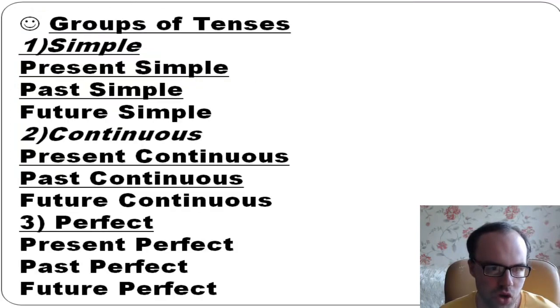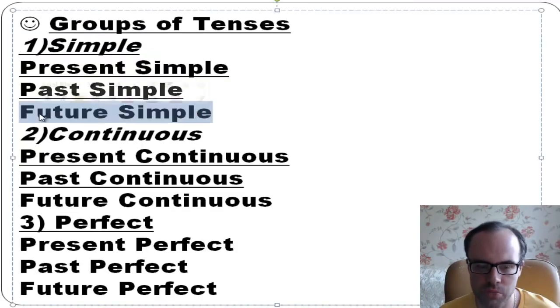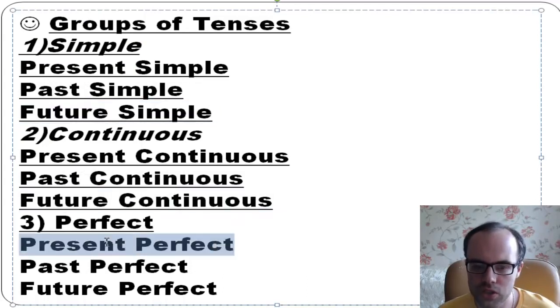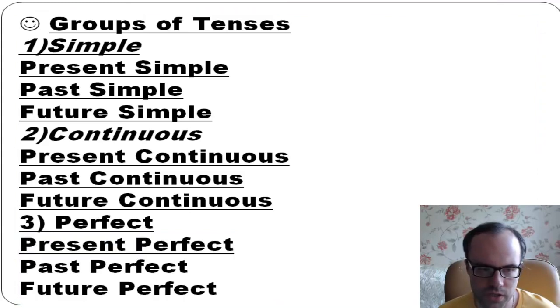So, we talked about future simple and future continuous. We also talked about present perfect. So, what are we going to do now? We need to compare past simple and past perfect, and future simple and future perfect.